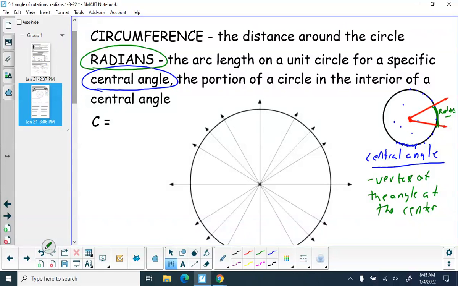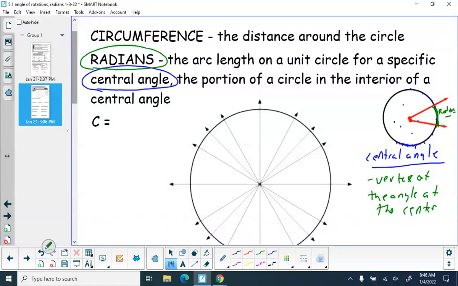We have a circle. We want to calculate the circumference of the circle, the distance around the circle. How do we calculate the circumference of a circle? Anybody remember? The distance around. Pardon?